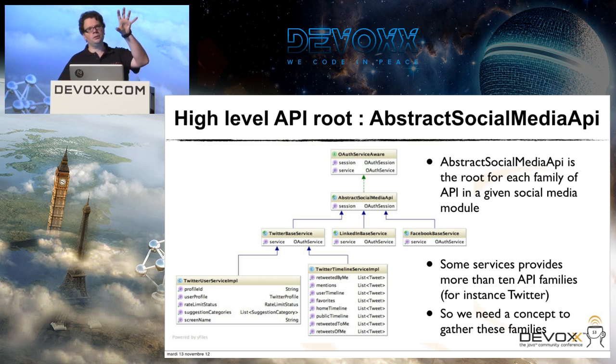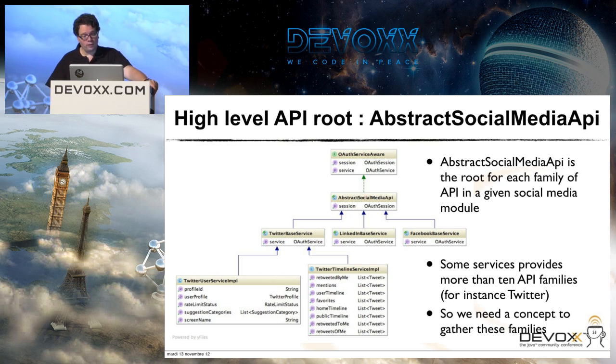You know when you are on Twitter, on the side, the service makes you suggestion about topics. It's related to your user profile. And also you've got information about your rate limit status. That's the famous rate I exploded before, and the reason why my demo didn't work in the first place.